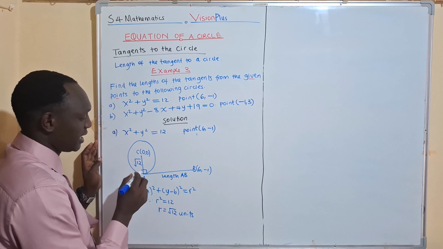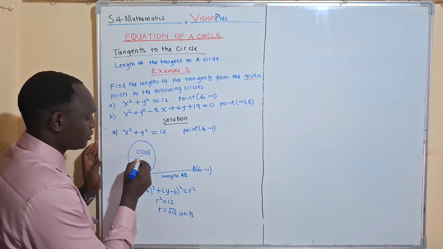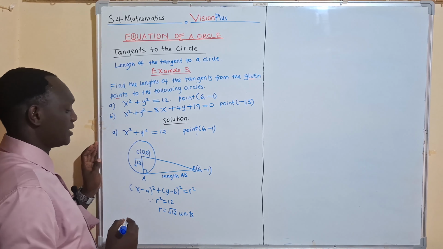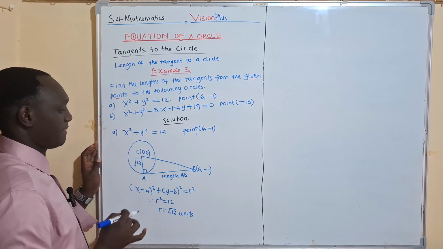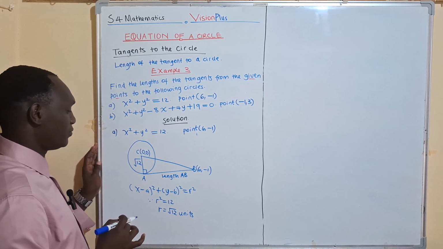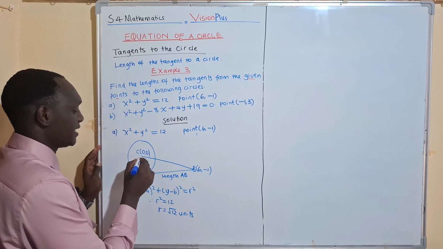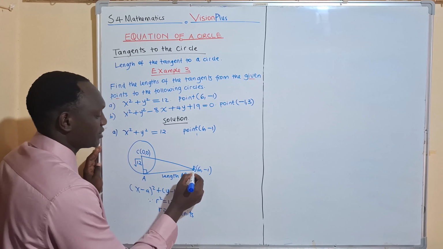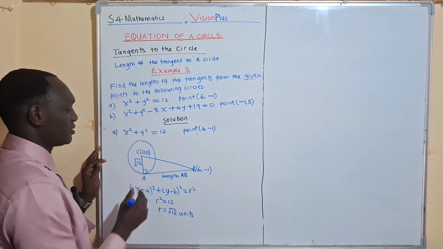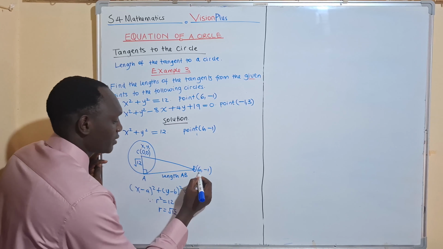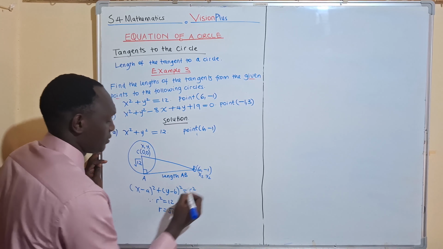So to get the length AB, we need to also know the length CB. How do you get the length CB? The length CB is the distance between 2 points, that is the center, and the point where the tangent is drawn. So let me call these x1, y1, x2, y2.